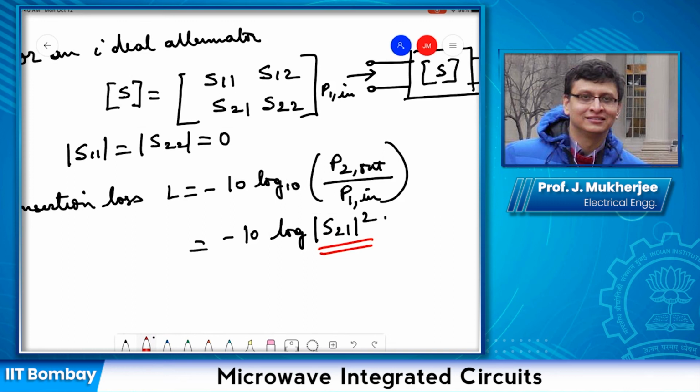So P2 is lesser than this quantity. S21 magnitude will actually be less than 1. So the reason for taking this negative sign is that overall this term remains positive. Okay, so now let me show you how to do this.